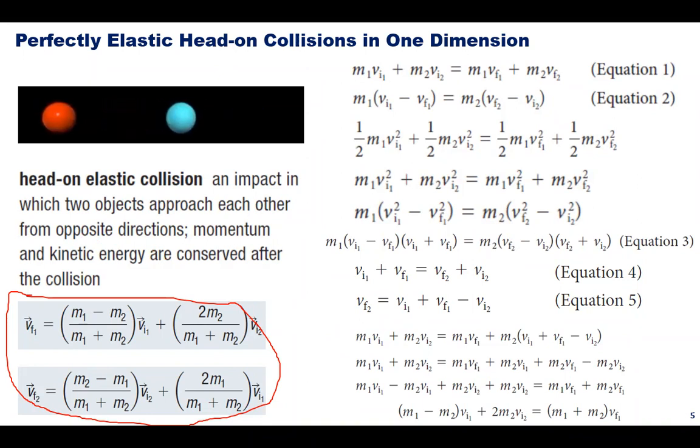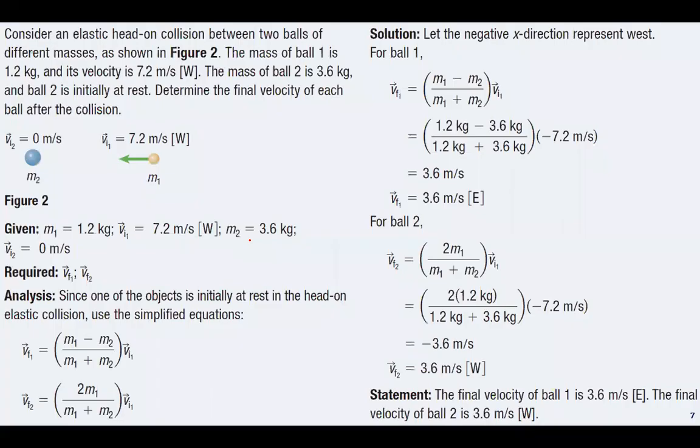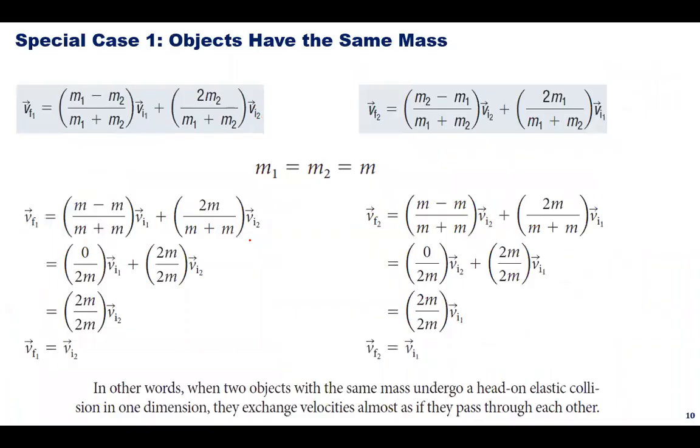The first case we consider is when the objects that are colliding have the same mass. That will cancel the first term here, right? And simplify the second one. Let's have a look at what the formulas become. If the masses of the two objects are equal, M1 equals M2 equals M, okay?